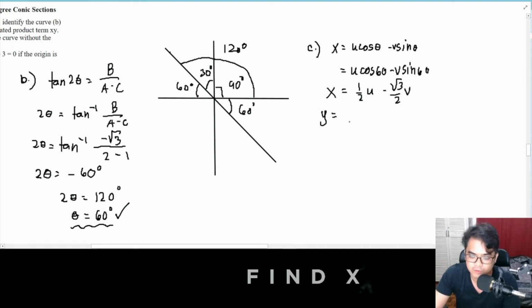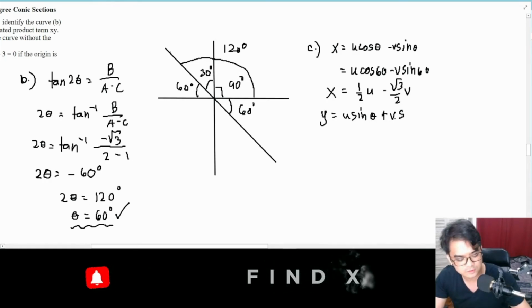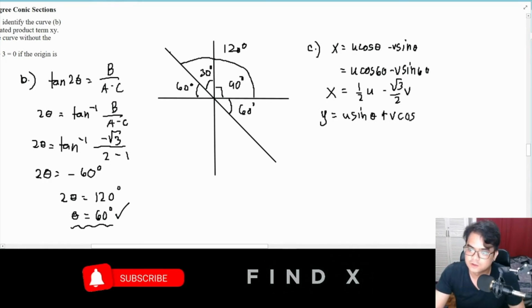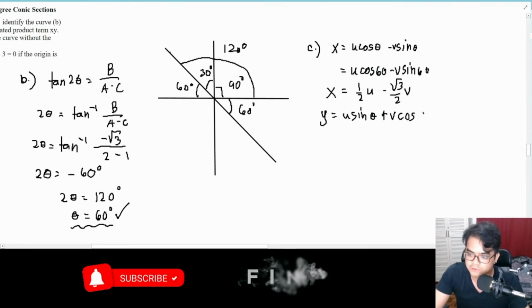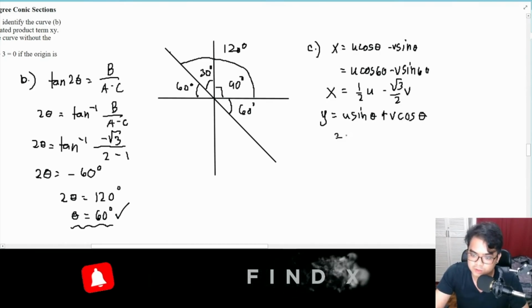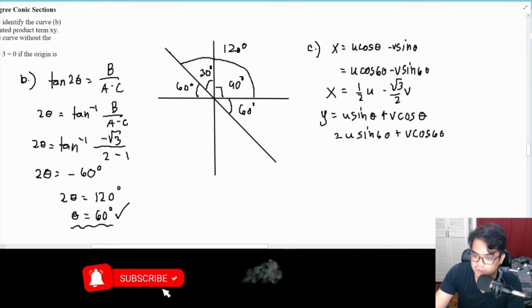How about for y? So y will be u sine theta plus v cosine theta. So substituting, you'll have u sine 60 plus v cosine 60.